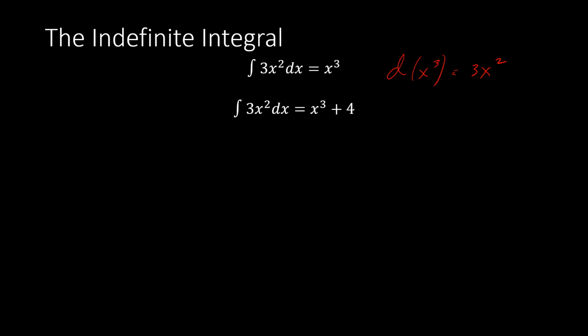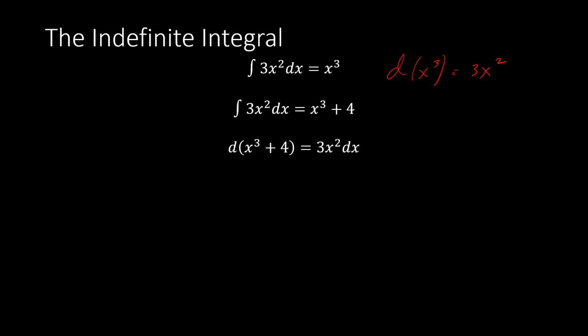Say we want to find the integral of 3x squared dx. A solution to this integral is x cubed, because clearly if we get the differential of x cubed, we will be getting 3x squared. Another solution is x cubed plus 4.